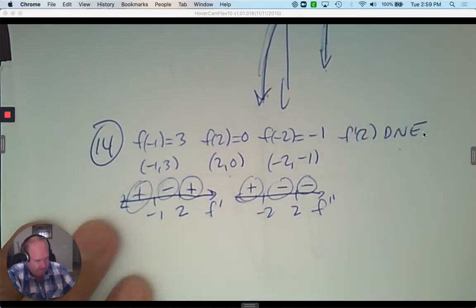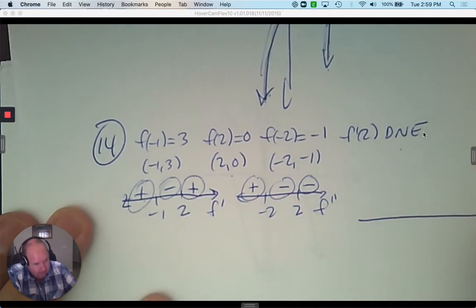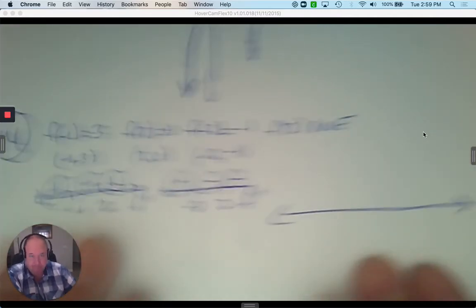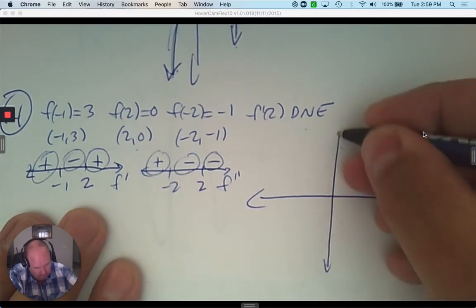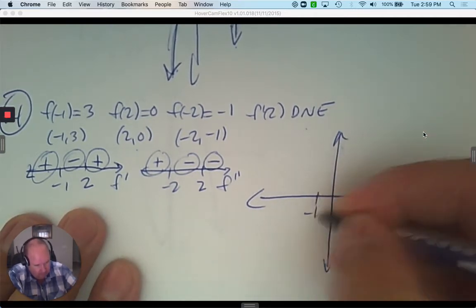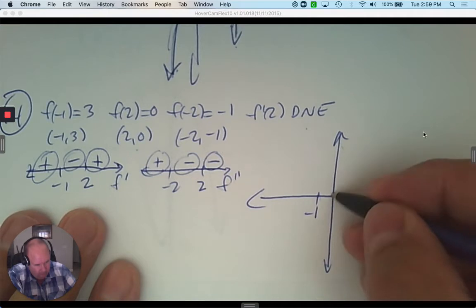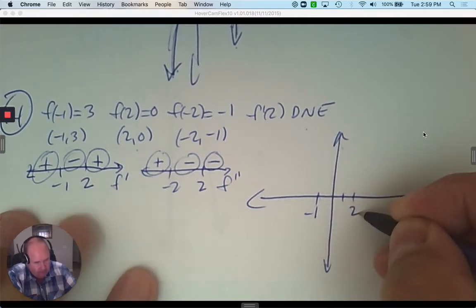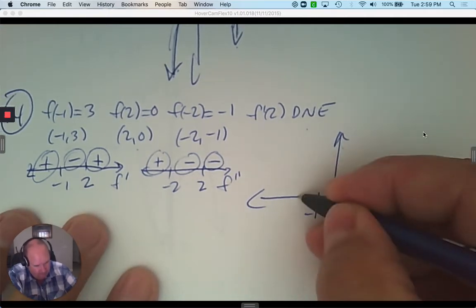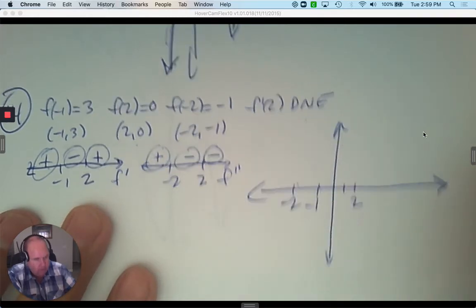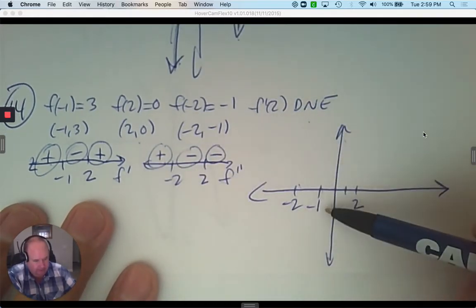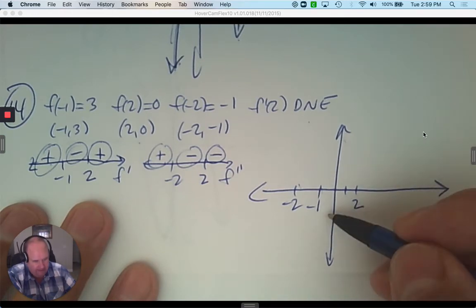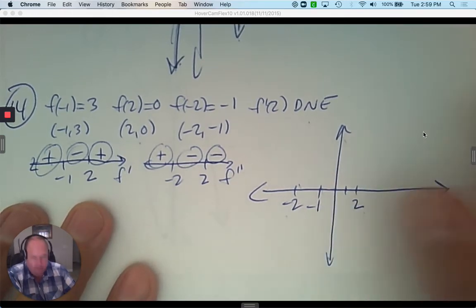Okay, let's sketch this. So those are the x values at -1, 2, and -2 that we care about.